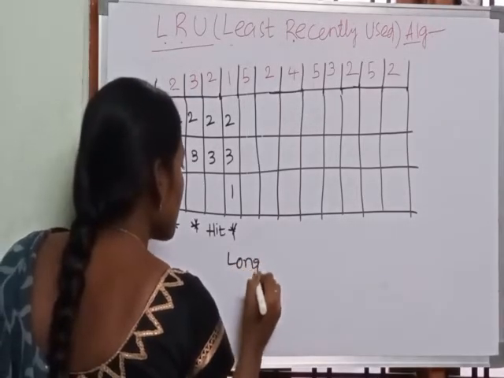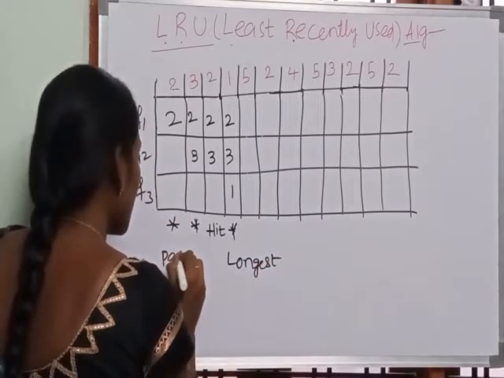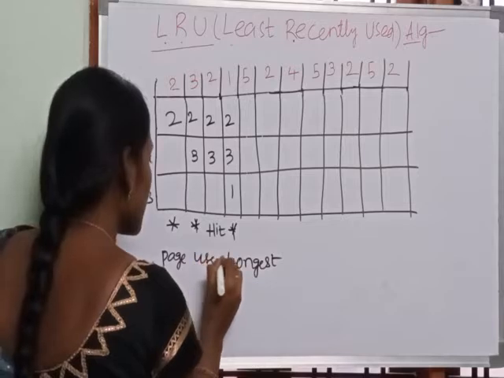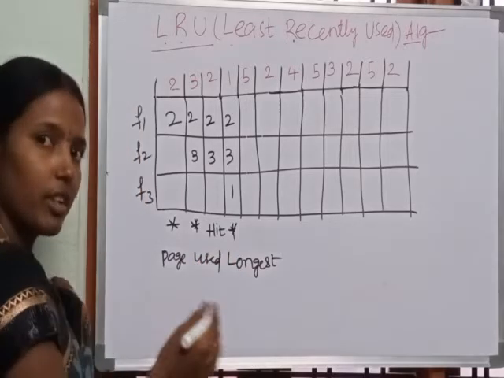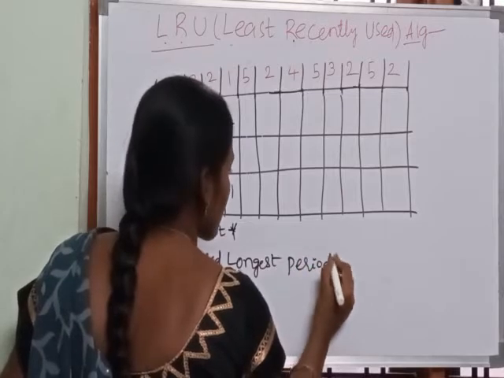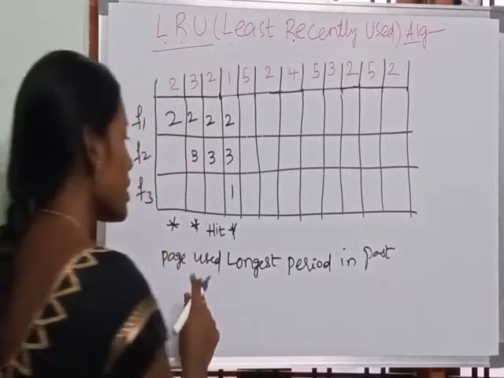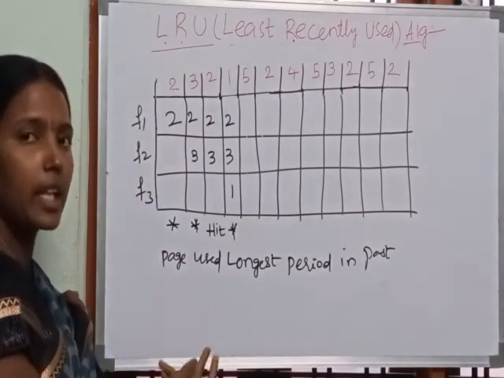The least recently used algorithm considers a page used for the longest period in the past.